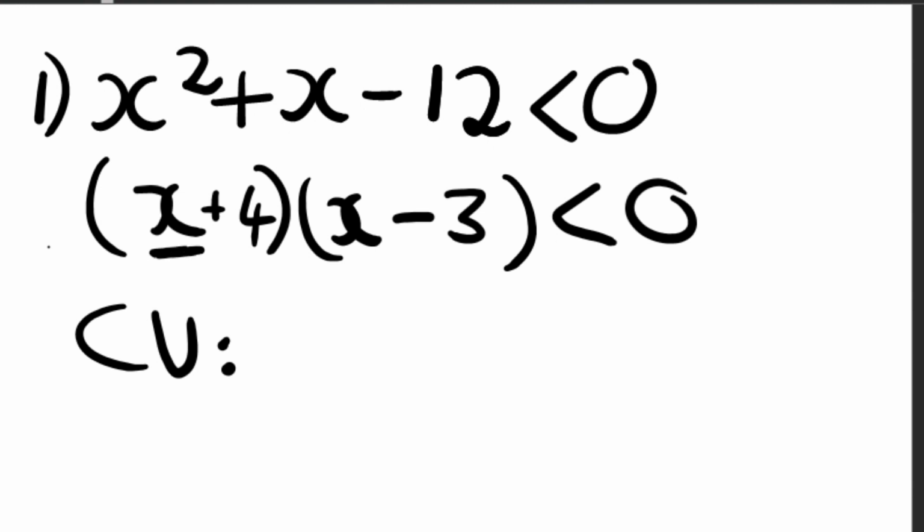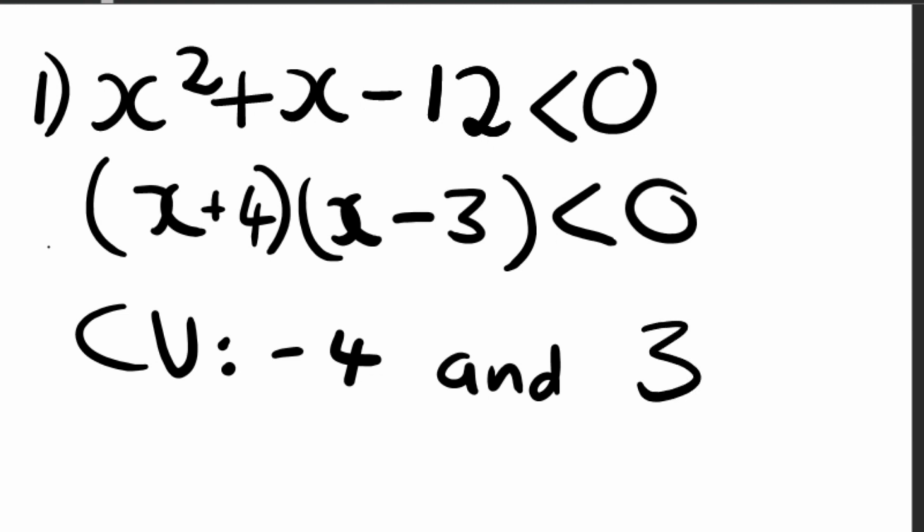If you put minus 4 here, this bracket is 0, and 0 times something makes the whole answer 0. Please don't make a mistake: you write "and", not "or". Your critical values are minus 4 and positive 3.